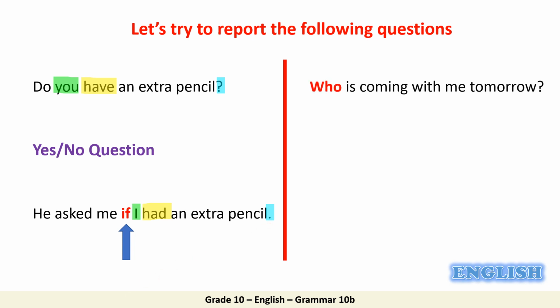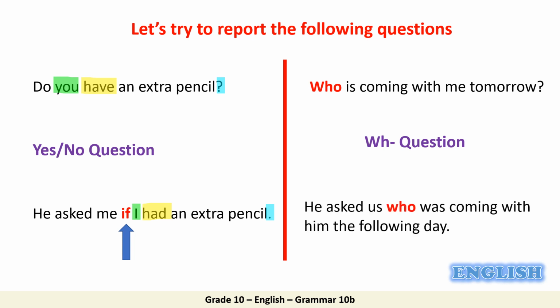Now example 2: who is coming with me tomorrow? This question is a WH question. So how can we report this one? Let's do it together. He asked us who was coming with him the following day. So what did we do here?